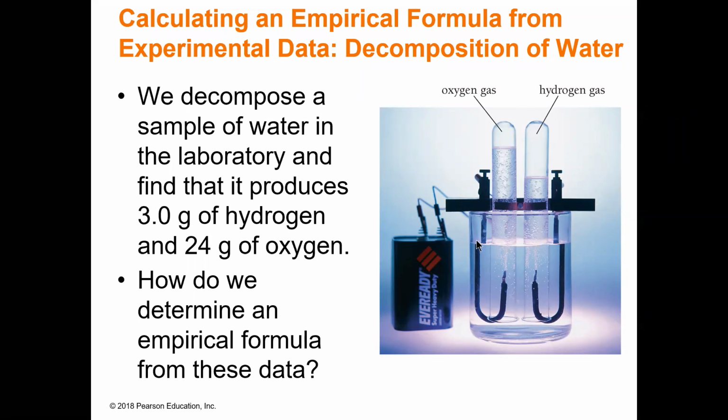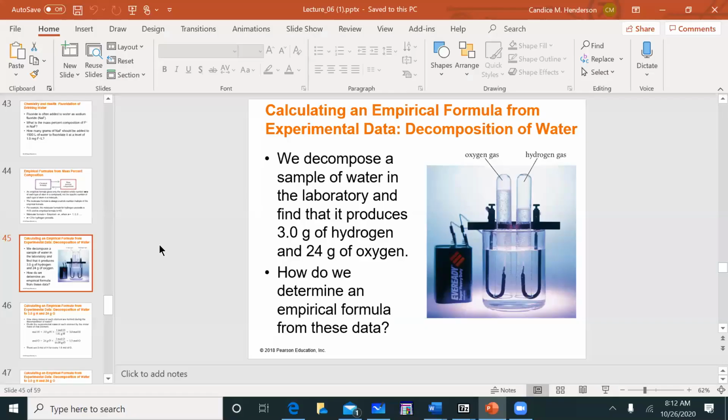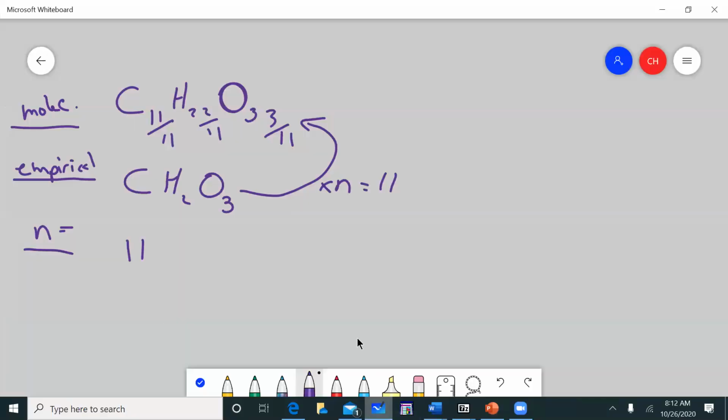So let's say that we decompose a sample of water into oxygen gas and hydrogen gas. And when we separate it out, we get 3 grams of hydrogen gas and 24 grams of oxygen. How can we determine its empirical formula? So go ahead and write that down somewhere on a sheet of paper: 3 grams of hydrogen and 24 grams of oxygen.